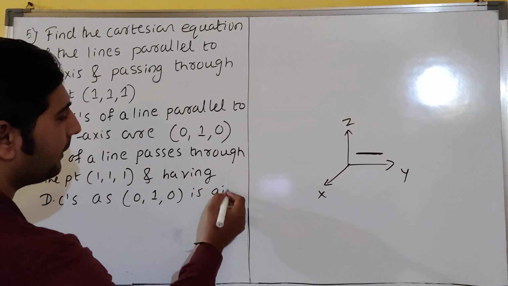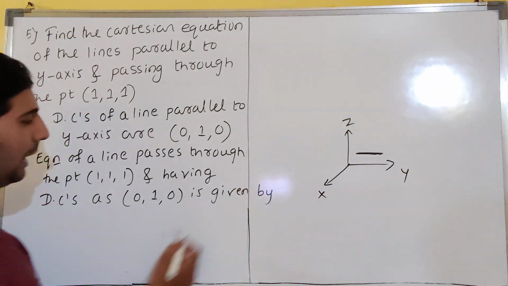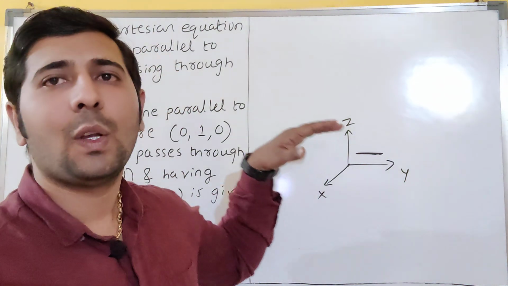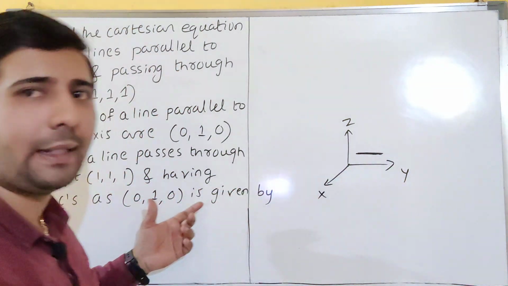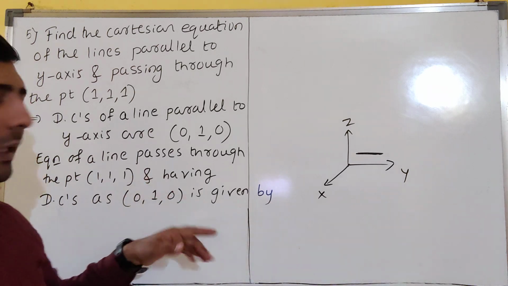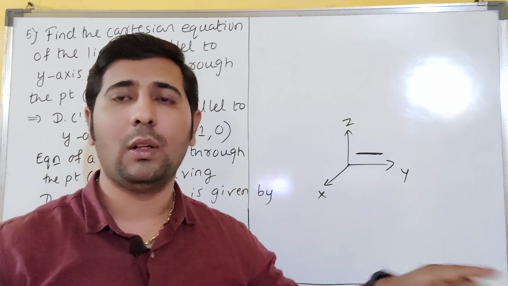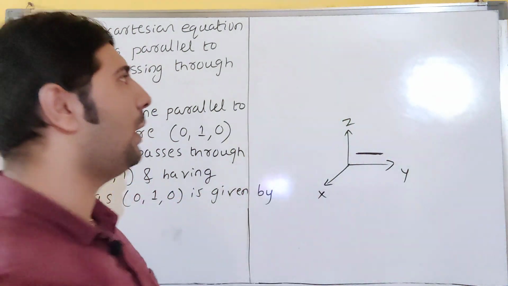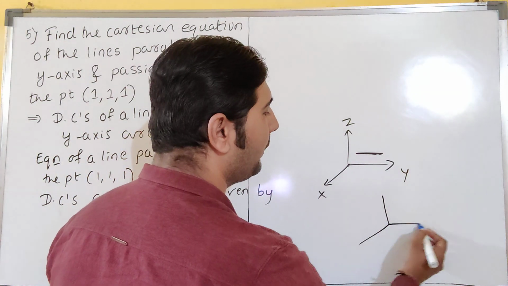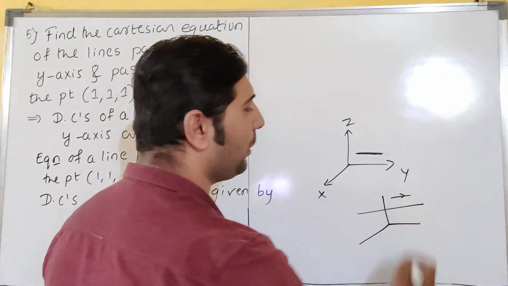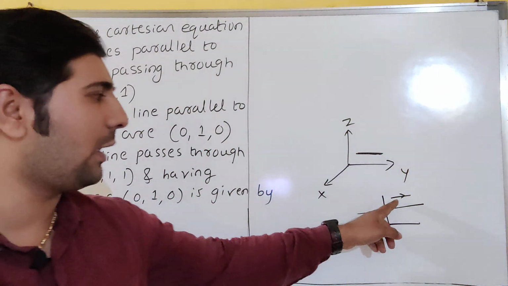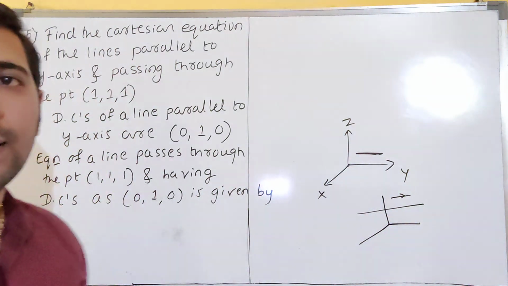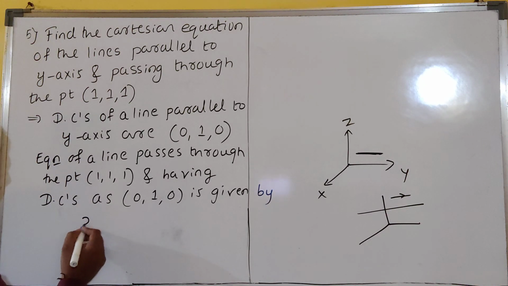How will we write it? The line is parallel to the given vector and the line is also passing through a point. We have a theorem: a line passing through a point and parallel to a vector. Can you remember? The direction cosines you already know. So we have the equation.